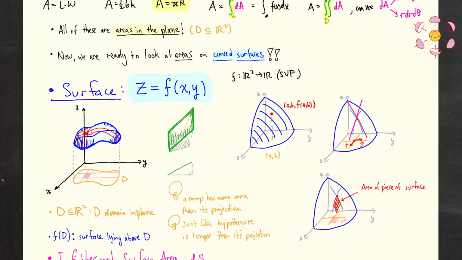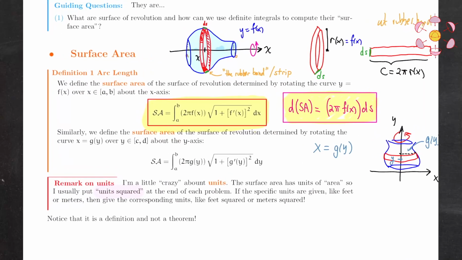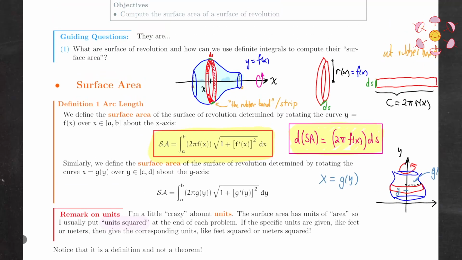Okay, before we do this general derivation of the formula, I'm going to pull up my notes from Calc 2, just to remind us, we've actually seen surface areas for curvy surfaces, but we had a huge restriction.